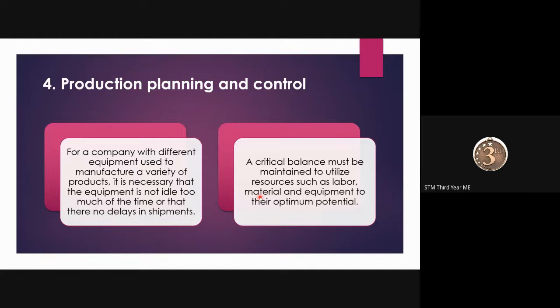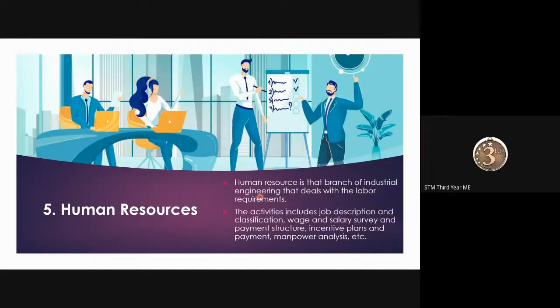This is also another function of industrial engineering. You must first understand how many products are made during a day or a time period. That comes under time study, and according to that you can control the production cycle. Okay, that is the fourth function.